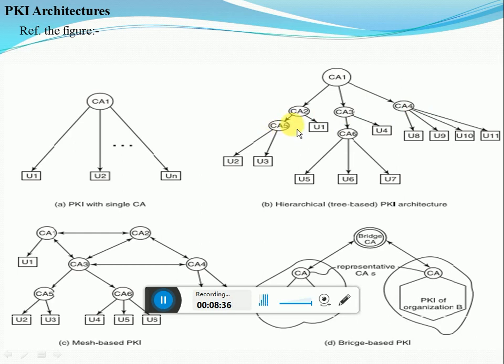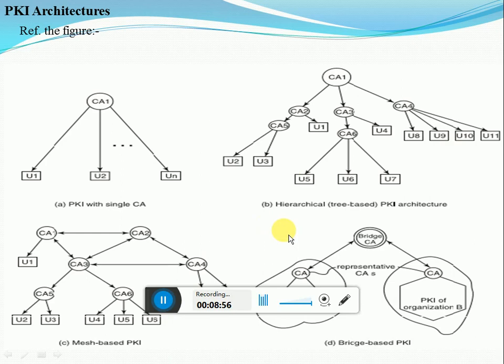These CAs in turn will create some more CAs under them, through which they will issue certificates to different users. This type of architecture will help us to handle the situation of scalability.